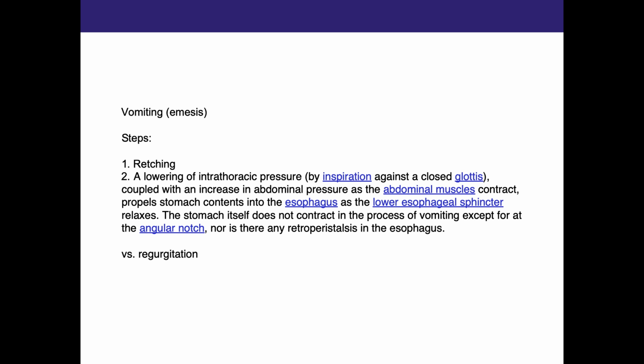And remember, things are always going to move from high pressure to low pressure. So as soon as that lower esophageal sphincter opens up, it literally propels food out of your mouth, from your stomach out of your mouth, okay? So remember, it's just about creating those pressure gradients.